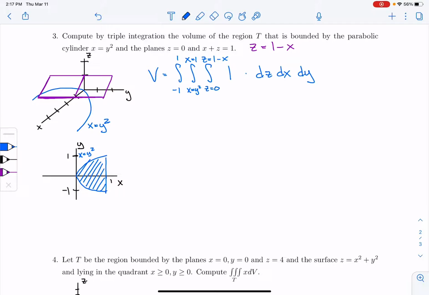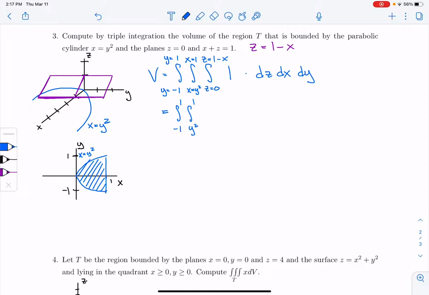Now what's left is just to compute this triple integral. So we're going to integrate the function 1 dz. So that's going to give us just the integral from y equals minus 1 to y equals 1. And then we have the integral from y squared to 1.